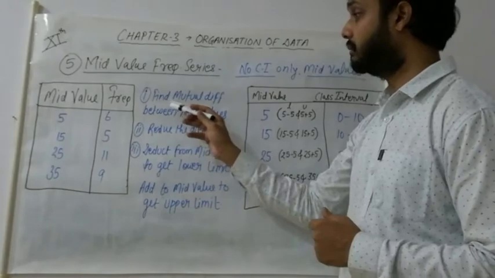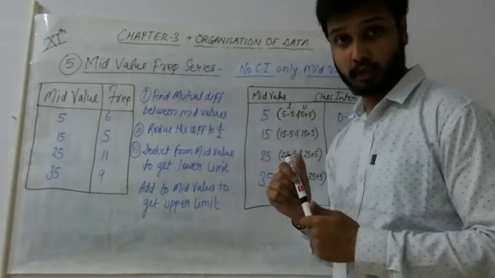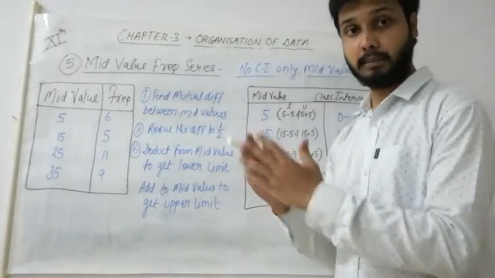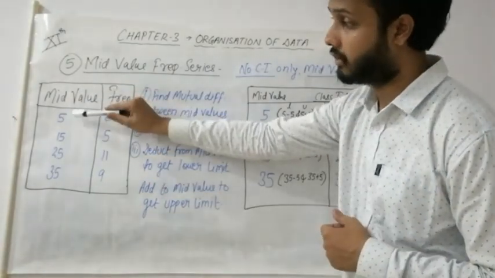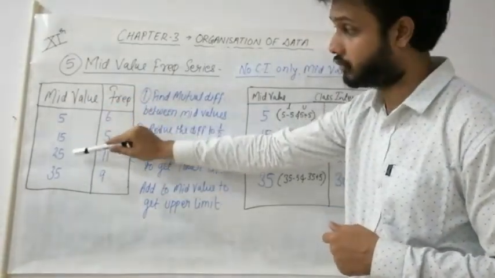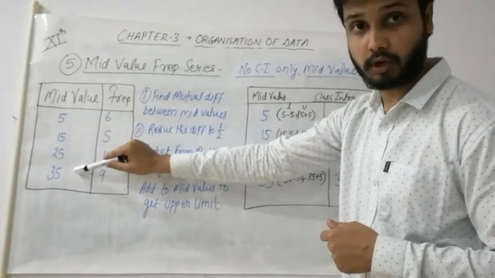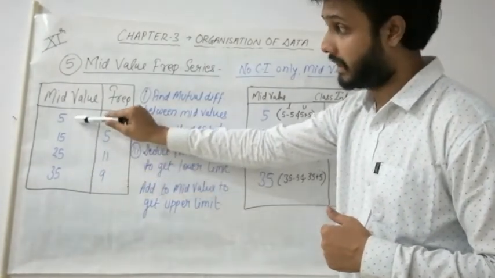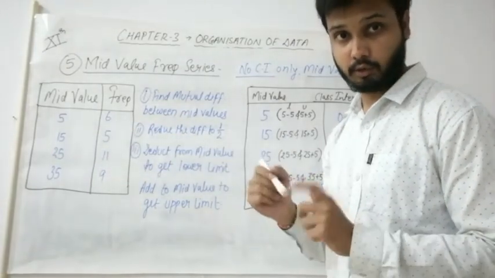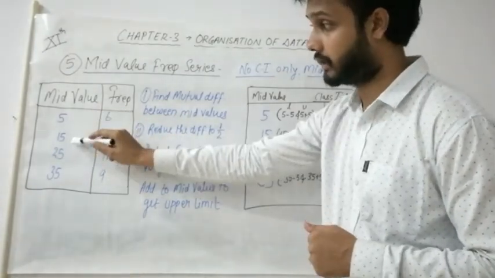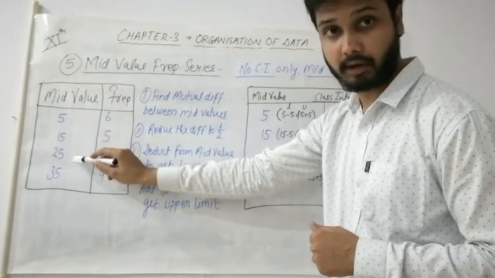Firstly, find the mutual difference between the mid-values. So what do we see in 5, 15, 25, 35? Each mid-value has a difference of 10 units. 5 to 15 is 10 units, then 15 to 25 is also 10.